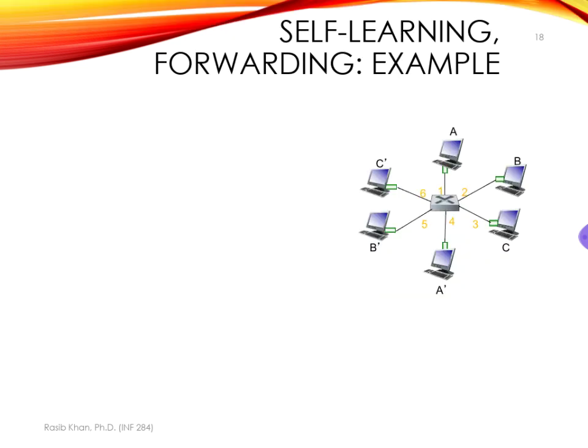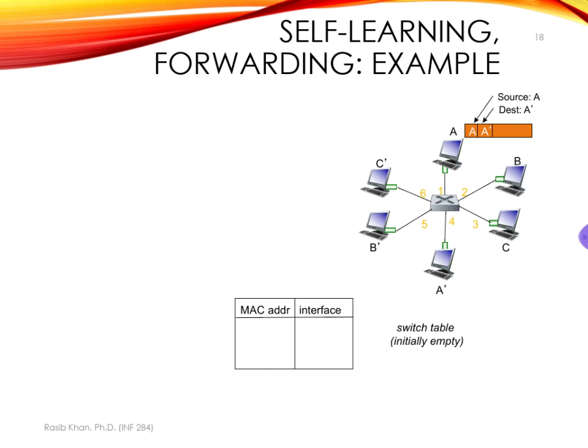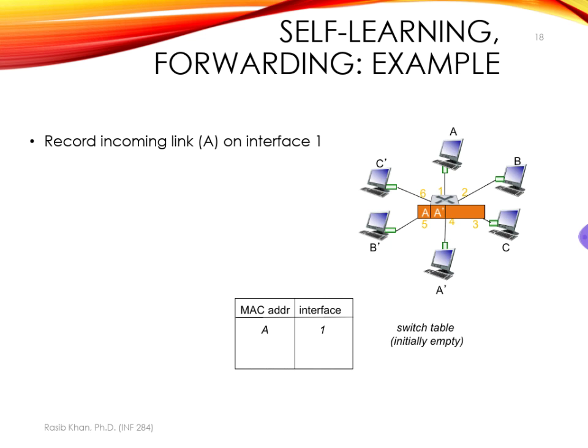So let's look at an example. A would like to send out a frame to A prime, and the frame has the source MAC address as A and the destination MAC address as A prime. The initial status of the MAC address table is empty. When A sends it out, the switch first records the incoming link, which is the MAC address of A on interface 1.